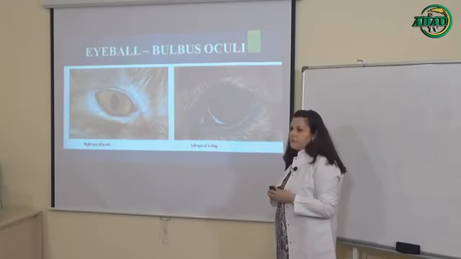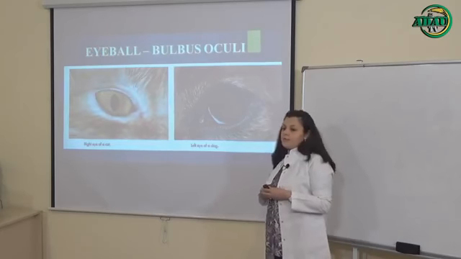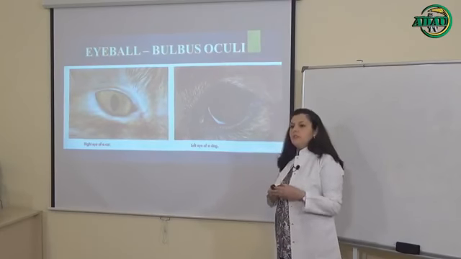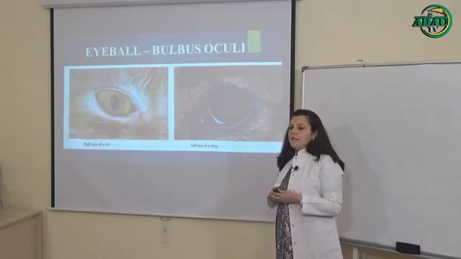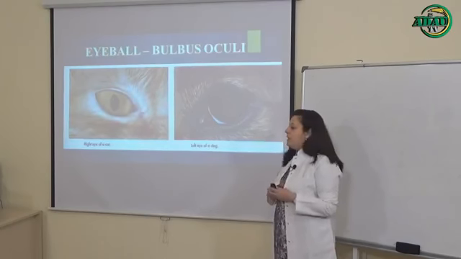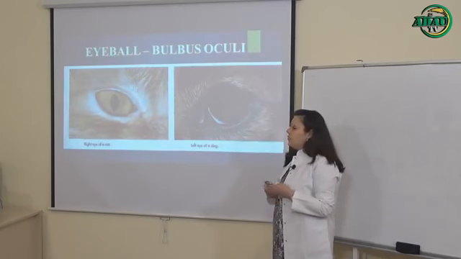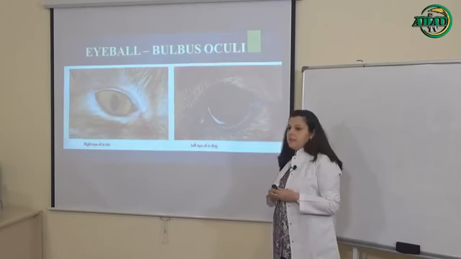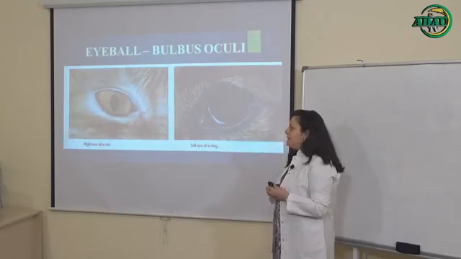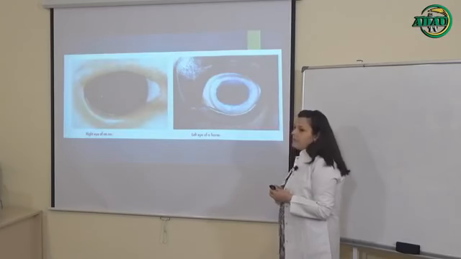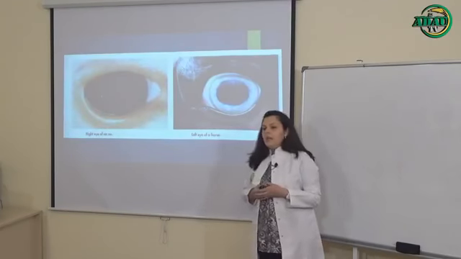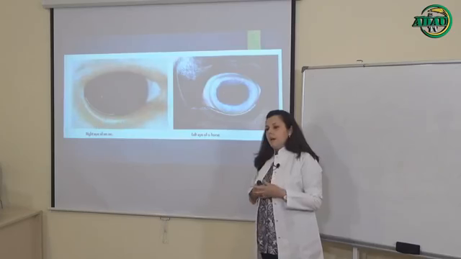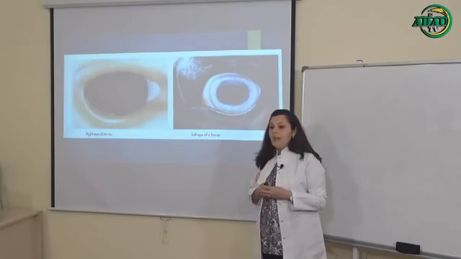For example, the diameter of the eyeball in the duck is 20 millimeters, in the cat 24 millimeters, while the eyeball of the horse is about 40 to 50 millimeters in diameter. But if we compare the size of the eyeball corrected for the body size, we can say that the biggest eyeball has the cat.